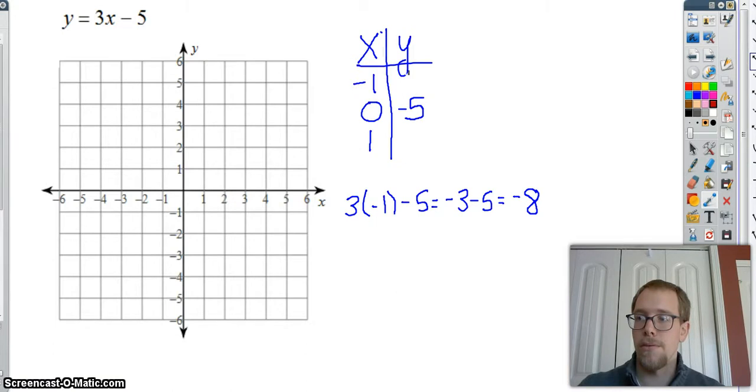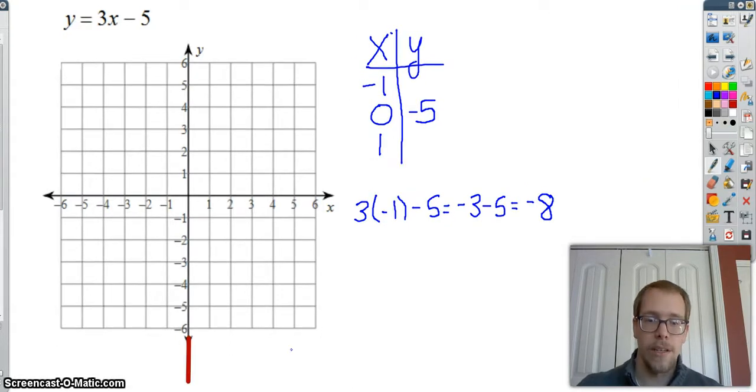I'm actually going to use this line tool here. And we are going to extend our axis. So there I've got 6, and I'll go to -7 and -8.